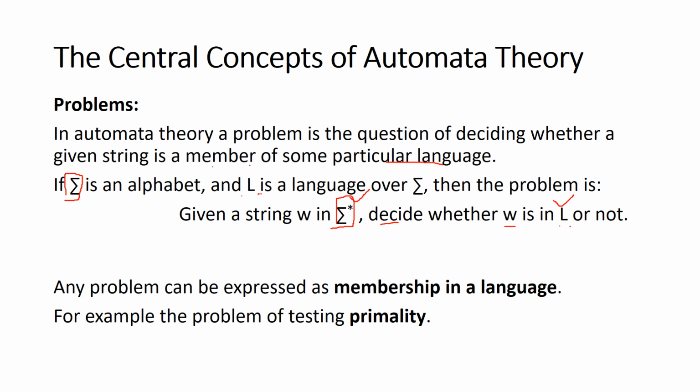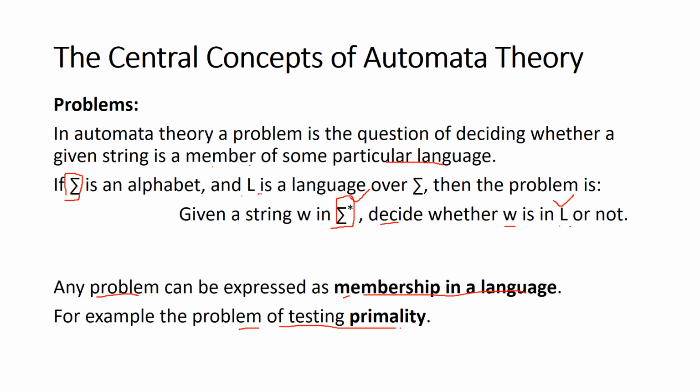So when we say that the problems in automata theory are membership problems, we might think that the set of problems that can be handled by automata theory is very small. But actually, any problem that exists in the world can be expressed as a membership in a language, or a membership problem. Let us look at an example: the problem of testing primality. In testing primality, a number is taken and tested whether it is a prime number or not.